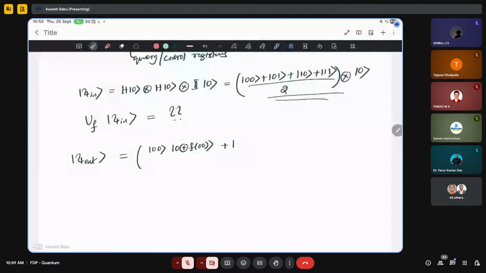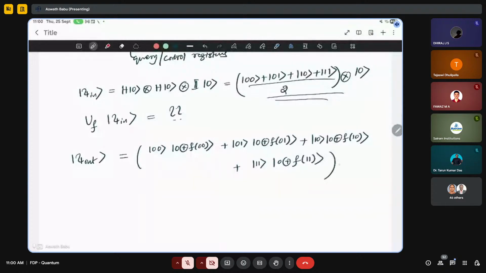Whenever the control is 0,1, the target is added with f of 0,1; whenever the control is 1,0, the target is added with f of 1,0; whenever the control is 1,1, the target is added with f of 1,1.